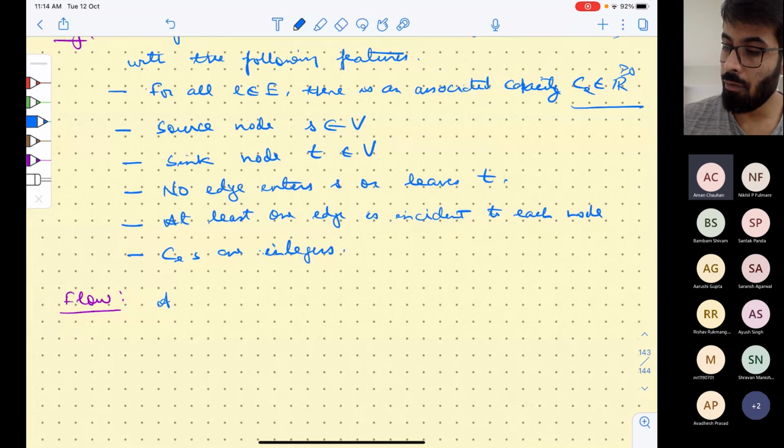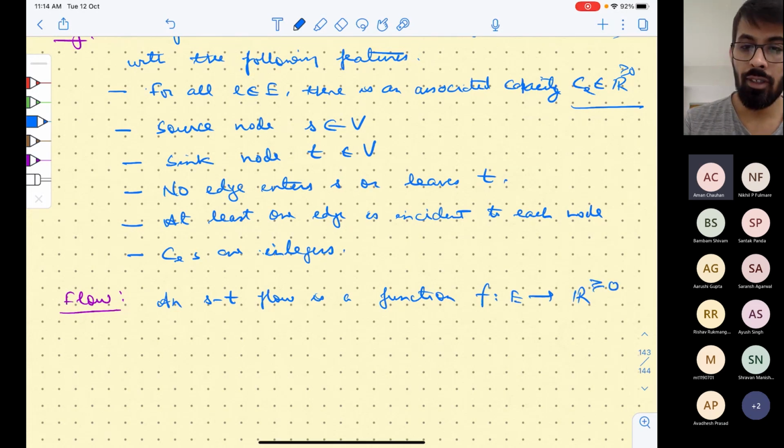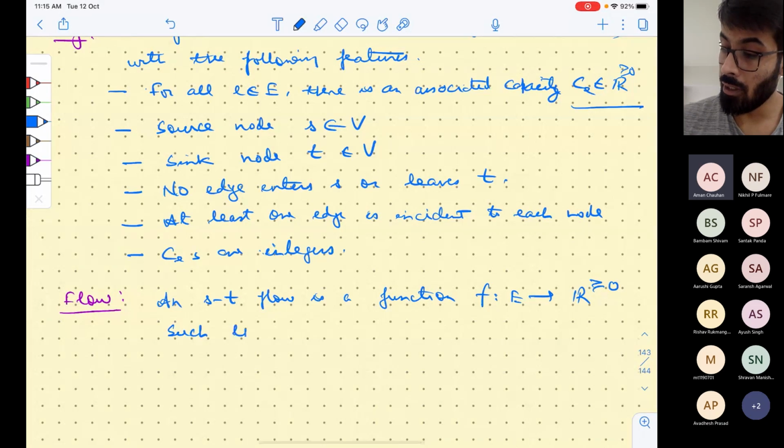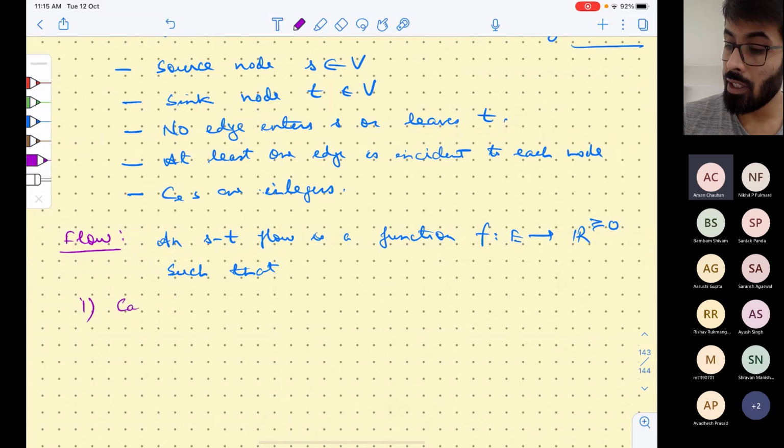So an ST flow is a function f from E to again non-negative reals such that it satisfies two properties. The first property is called capacity constraint.